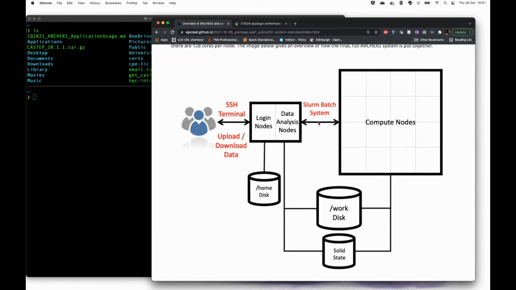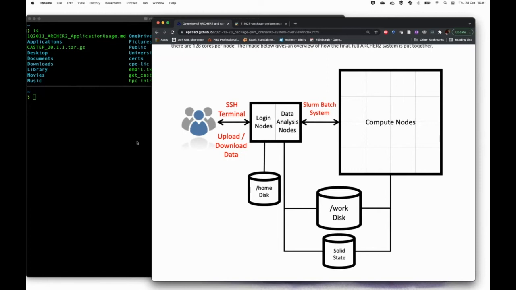I know in the setup section, it said that you can either apply for a new account on Archer 2 as part of this course, or you can use an existing Archer 2 account if you have one. If you're using your existing Archer 2 account, then the commands will be slightly different, but I'll highlight that when we get to the section on running things, because you'll have to use the standard short queue and short queue reservation to run straight away.